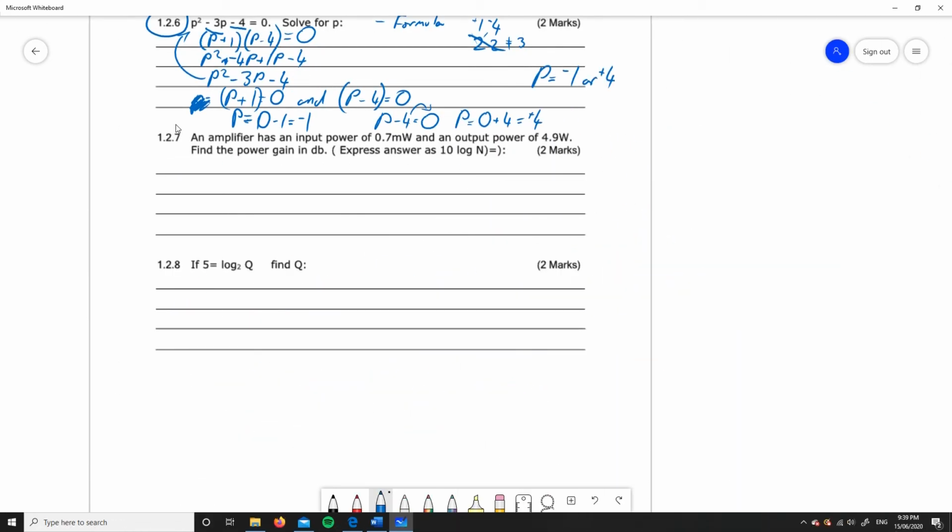Okay, moving on to algebra question number 7, and we're looking at logs. So if your questions are given to you in this sort of format, that's as far as they expect you to take it. What you really need to remember is the formula, which is 10 log 10 of output over input.